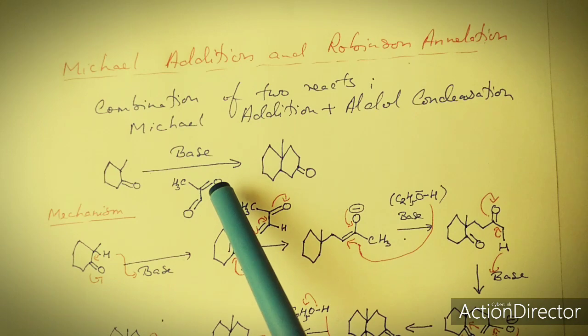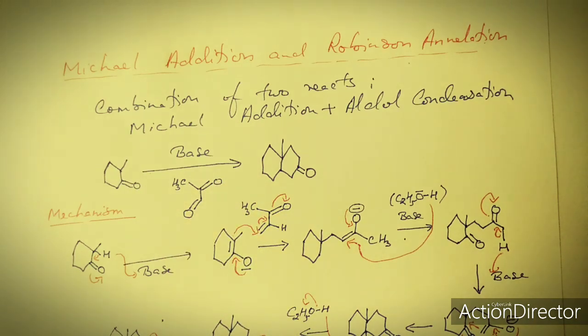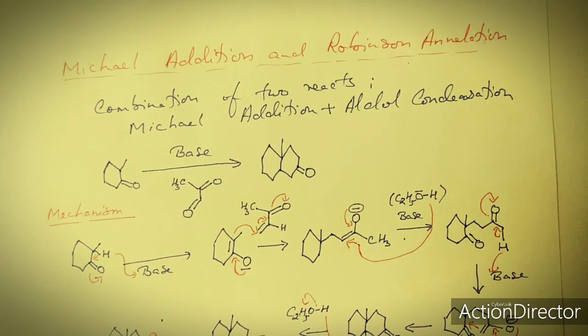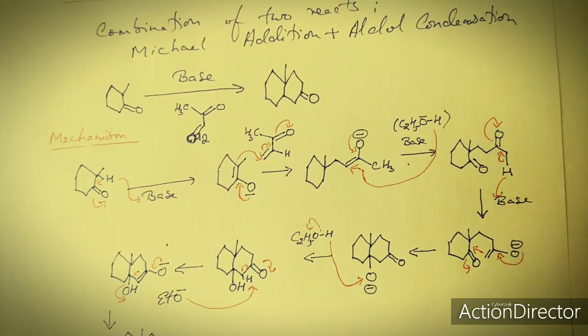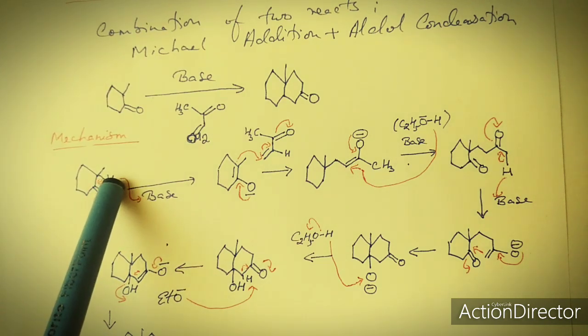Because this is the carbonyl that we have got here, and here we have the other part, our activated compound. So in the presence of a base, a hydrogen, H positive, will be abstracted, so we get a carbanion.